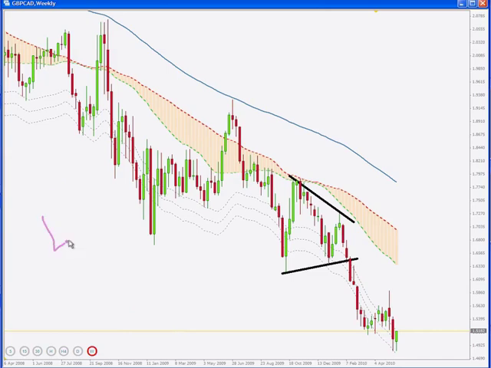For example, if price fails on the next bounce, on the next swing, to break through the previous swing low, and instead we get either a horizontal swing low or even a higher swing low, like you see this higher swing low there, search for either sideways congestion areas or for triangles, such as in this case here.